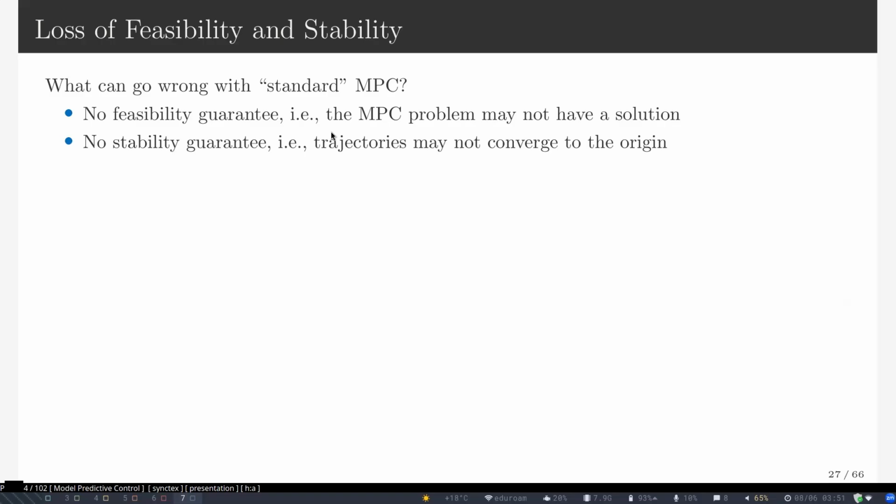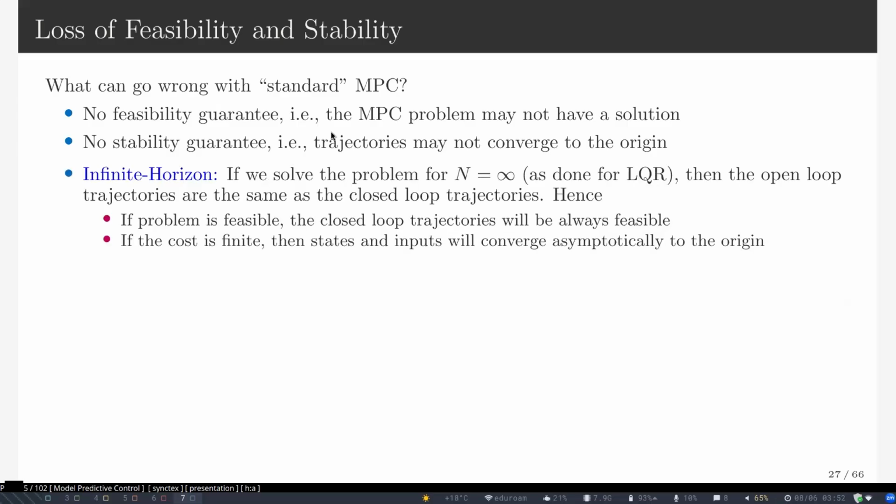So what can go wrong with standard MPC? There are no feasibility guarantees necessarily, and you might not have stability. If you have no constraints and linear systems, then the infinite horizon solution is tractable.